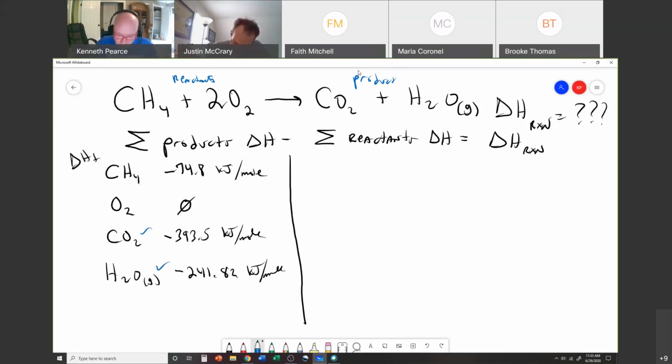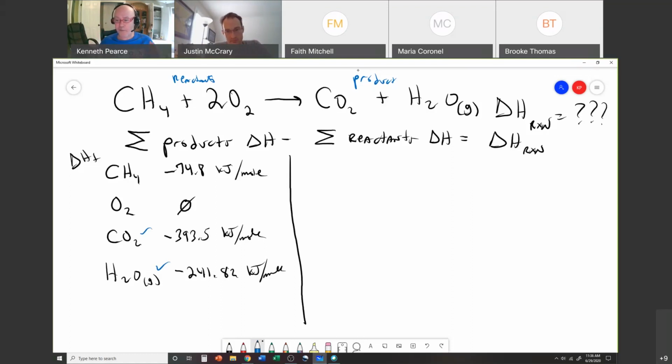Now, here's a pro tip for you when doing these: liberal use of parentheses. If you feel like you haven't used enough parentheses, add some more. This is because you're going to have signs.